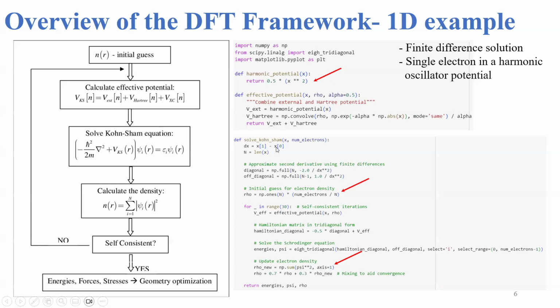So we try to solve this Kohn-Sham equation with some initial boundary condition, and rho is the initial guess that we just defined on the left hand side, and we self-consistently construct this effective potential, get the Hamiltonian, get the energy and the wave function, construct the new electron density, and there's a mixing term, and we do it until we have converged the charge density, and that gives you the converged energy, converged wave function, and converged density.